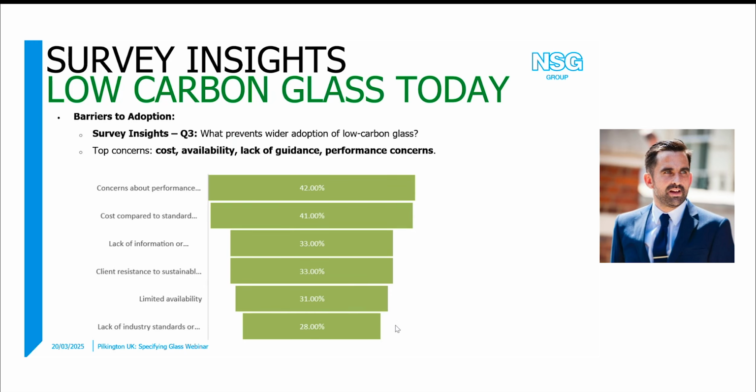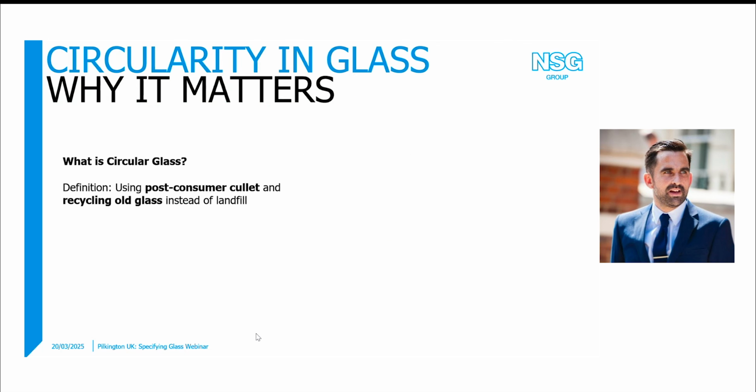But if I can put your mind at ease, the production of our low carbon glass, and I'll step you through that later on, really it is all about how the furnace is fueled, etc. The glass itself is exactly the same as our standard float glass, exact same density, etc., appearance and workability. So that really shouldn't be an issue when people learn more about low carbon glass.